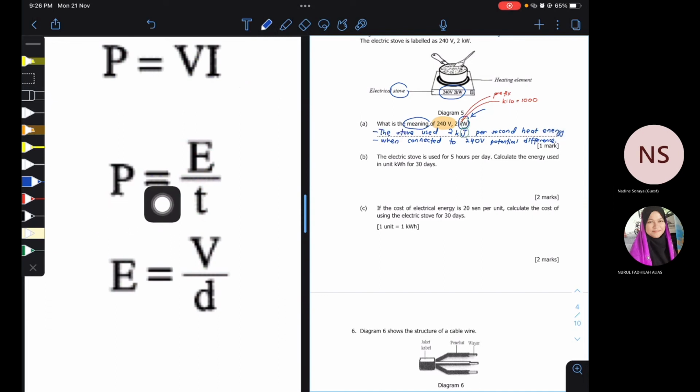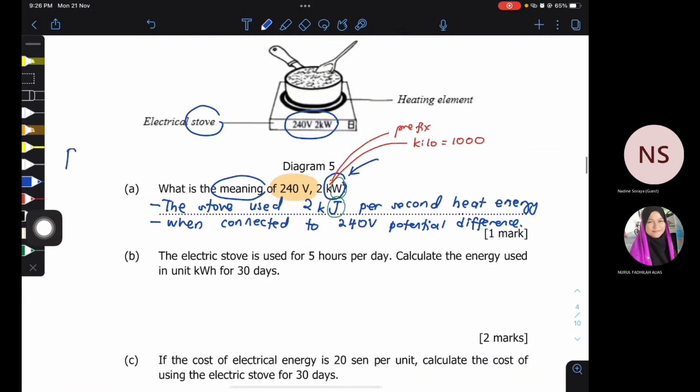Power is equal to energy over time. That's what we actually do. Power equals energy over time. You don't need to memorise this formula. You must diligently look at the formula sheet when the question asks a calculation question. So what is E? E is energy. The unit of energy is joule. What is the unit of time? Second. See, we get joule per second. So actually we are talking about this.